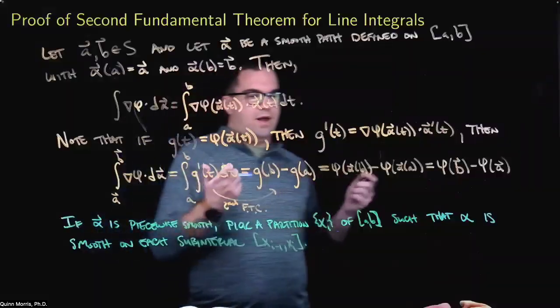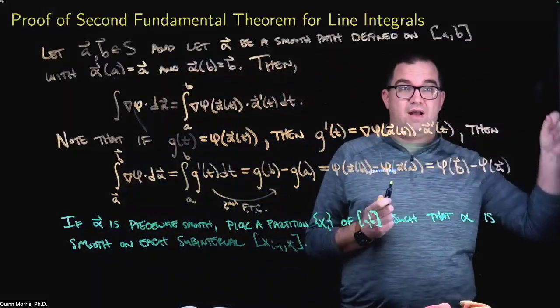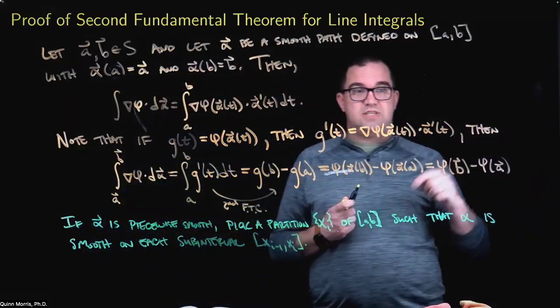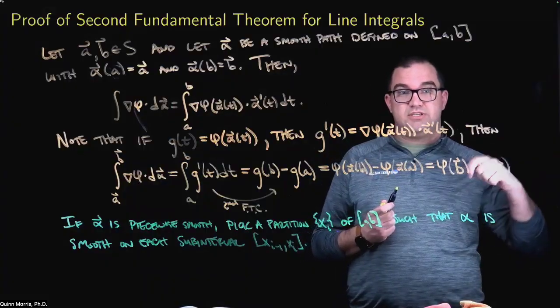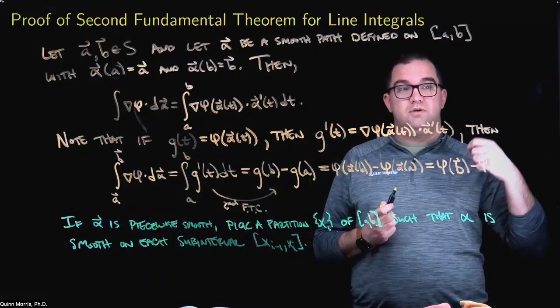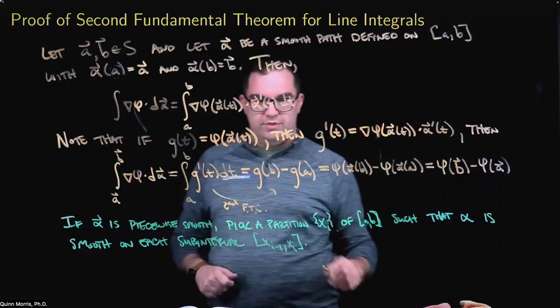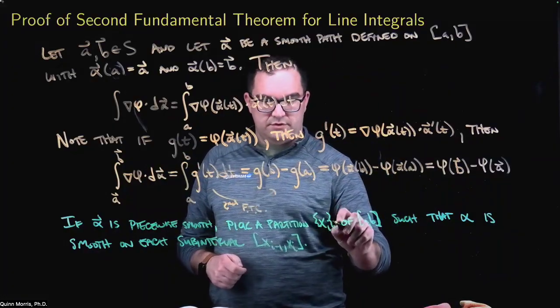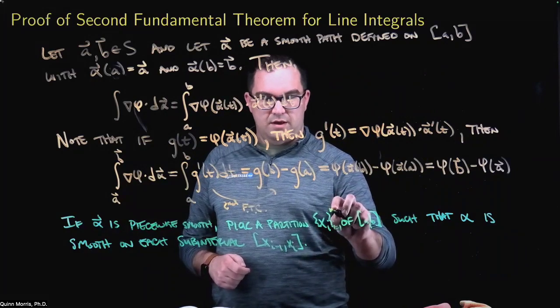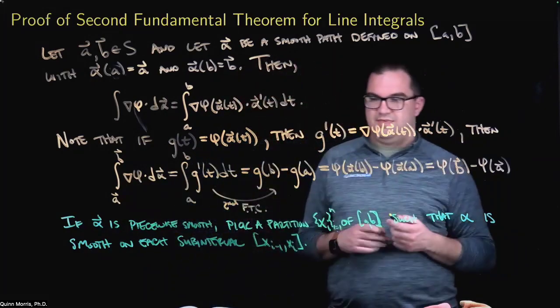If it's piecewise smooth, that means you can break it into a finite number of pieces such that it is smooth on each of those pieces. So you can pick this partition that will do that. Let's say, just to be helpful in a minute, the partition contains n pieces.